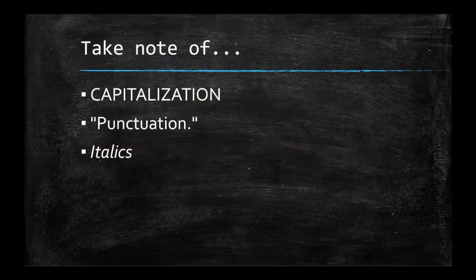When you're writing your citations, it's really important to pay close attention to the little details of the formatting, because that's really what makes the format what it is. So particularly take note of things like what letters are capitalized, where the punctuation goes, and what goes in italics, because those are the things that often will trip people up.